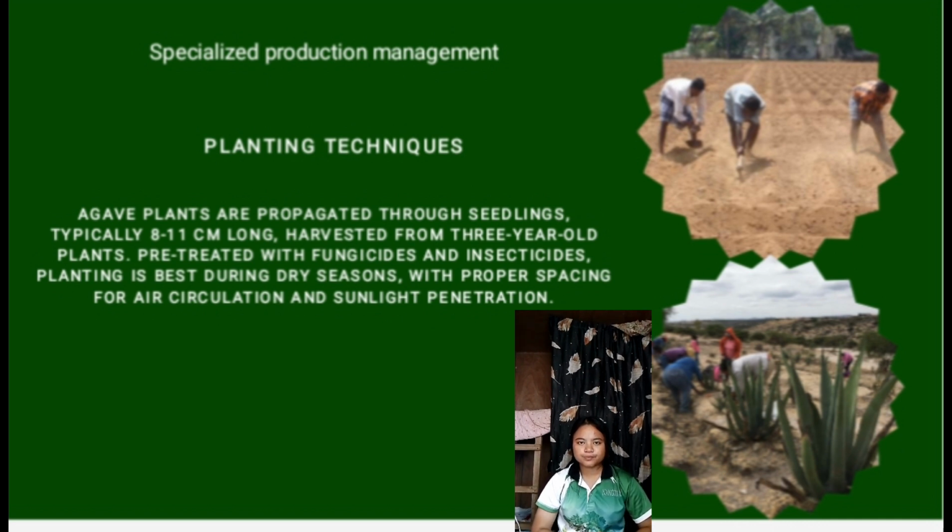The harvested plants at maturity are 3-year-old plants, then pre-treated with fungicides and insecticides.